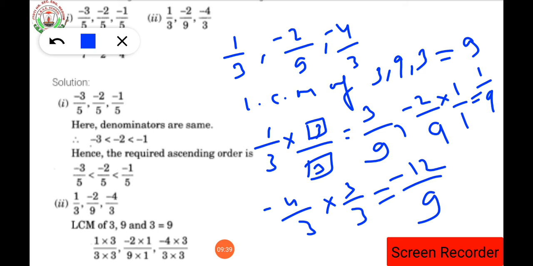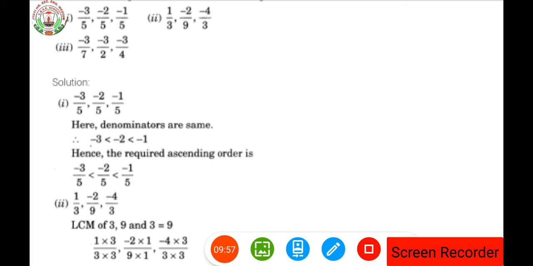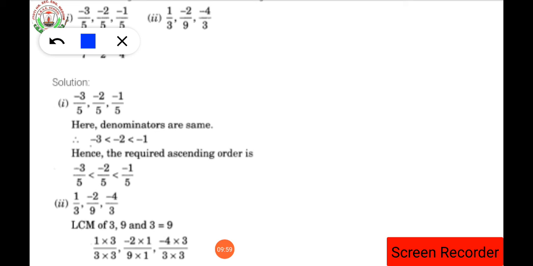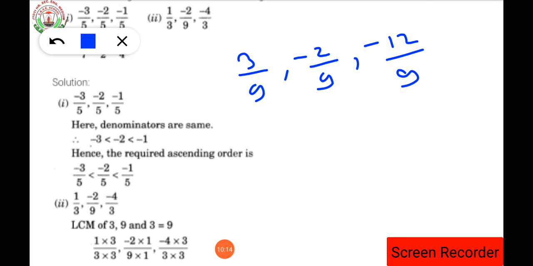So we have got the numbers as 3 by 9, minus 2 by 9, then minus 12 by 9, isn't it?